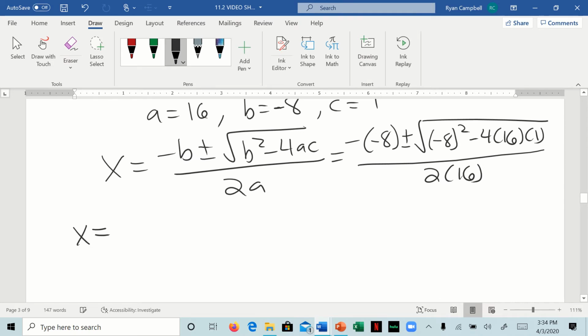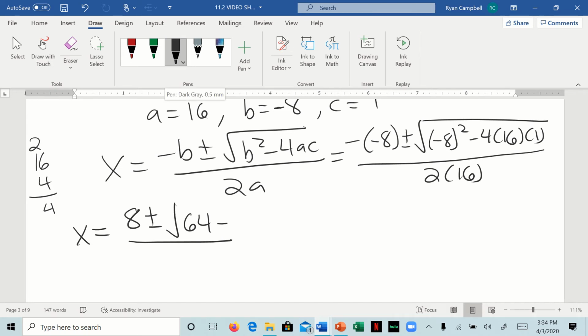So negative 8 is positive 8. 8 squared is 64, minus 4 times 16, which is 64. So 64 minus 64, over 2 times 16, which is 32.